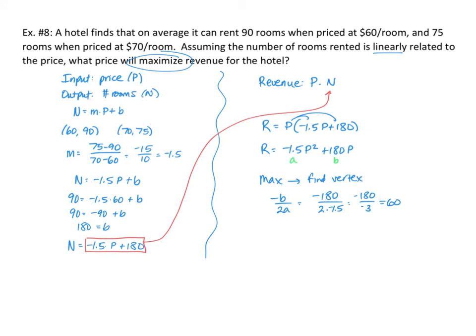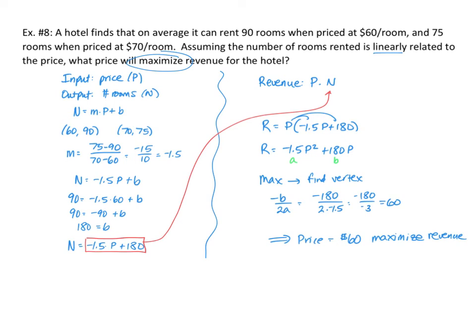So this 60 is telling us that a price equal to $60 will maximize the revenue. Once we know this value for P, we could find several things using that.